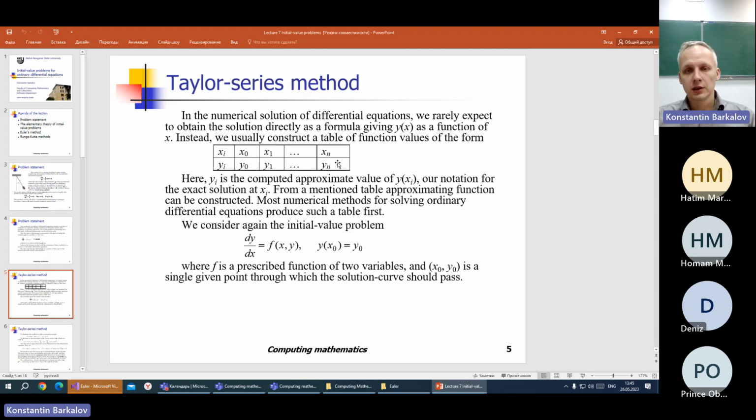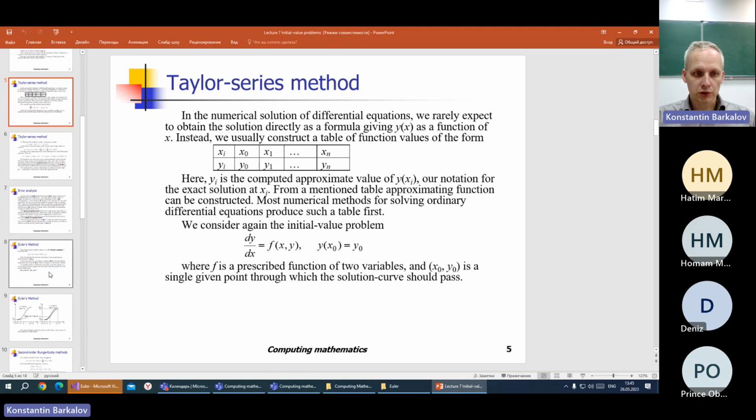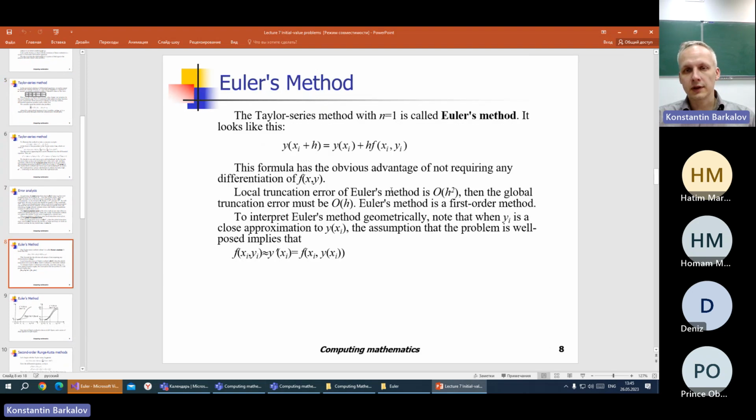We have some step that corresponds to the difference between these points, and the values of y we are going to find. We consider different approaches to find these values, and one of the simplest, maybe not the most powerful, but the approach that allows us to show the most features of this problem, is Euler's method.